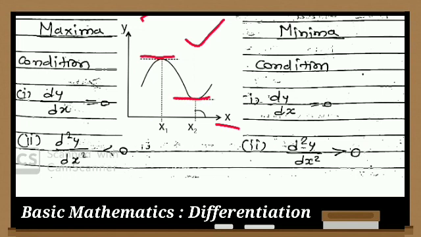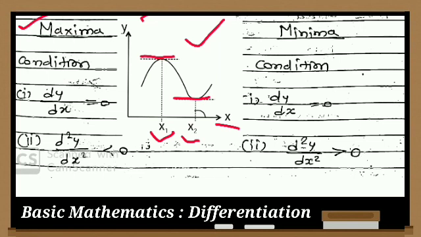How can we find the values of x1 and x2? Actually, x1 is the point where we will get the maximum value of y and x2 is the point where we will get the minimum value of y. To find these values, we have to fulfill two conditions. First, we see for maxima.